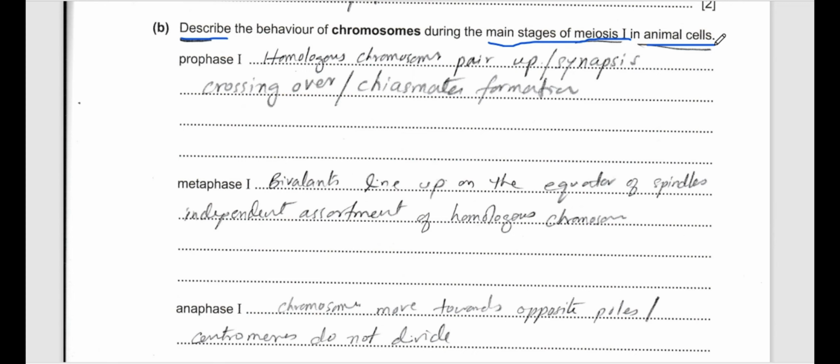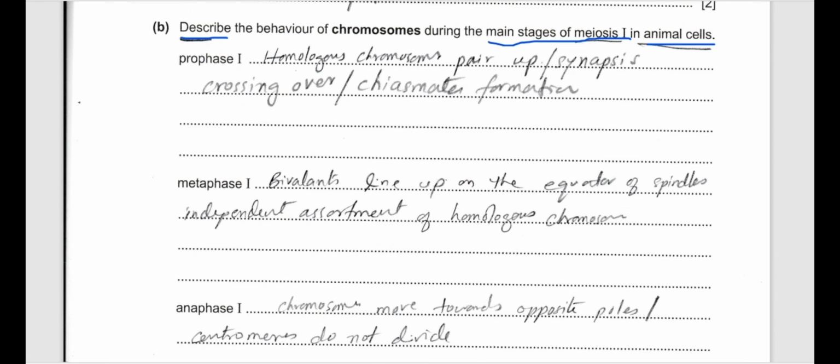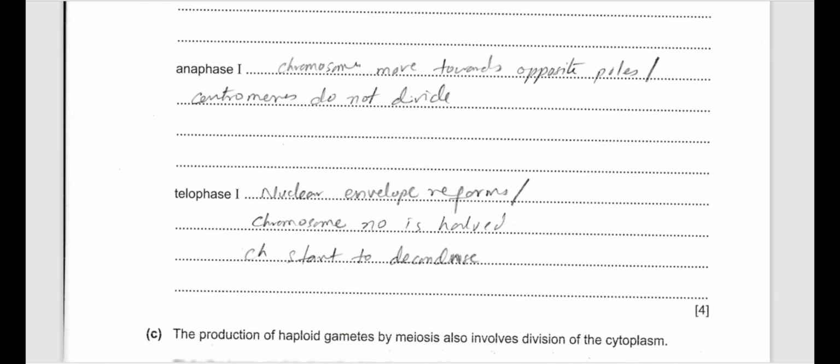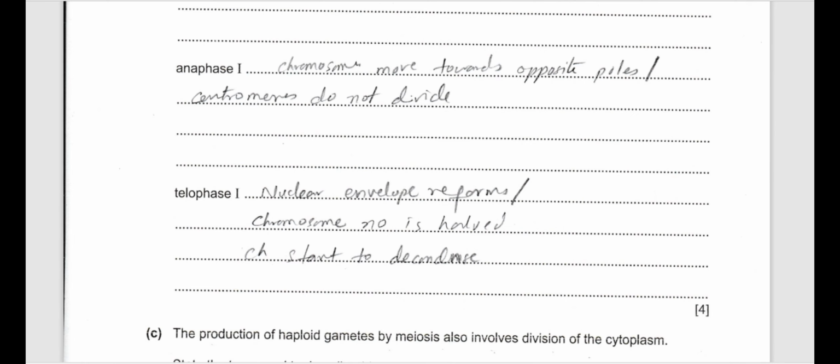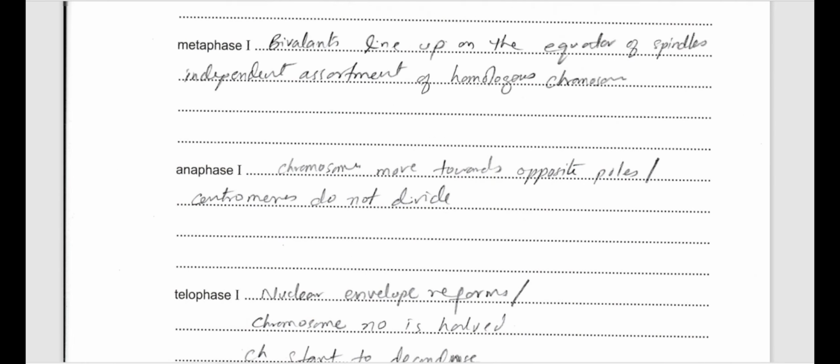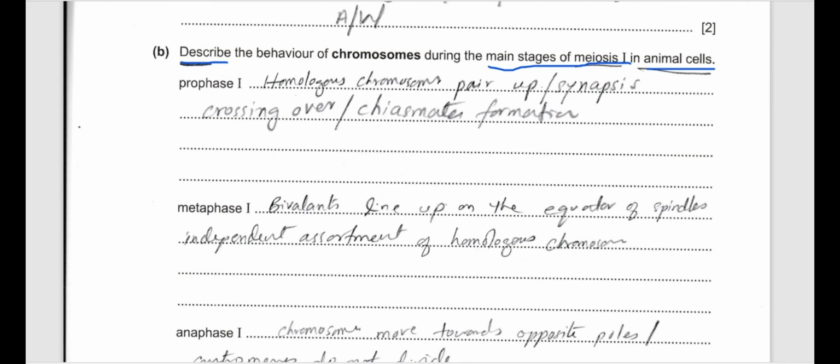In my view, it is a very straightforward question in which you just have to recall the main stages of meiosis 1 and just give at least 1 point for each. If you see, the marks are 4. So 4 means very straightforwardly 1 mark for each terminology.